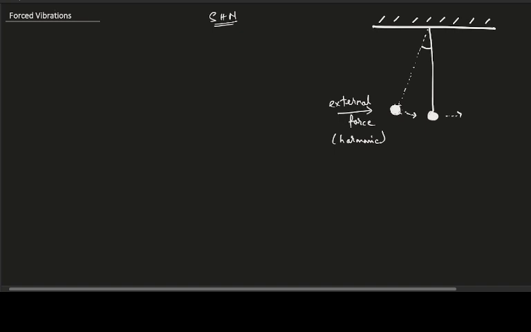So the equation of motion for this bob, we can write as m x double dot, this is our basic force, plus b x dot, the damping factor, plus k x, this is our restoring force, is equal to not 0, like we had for the damping equation.